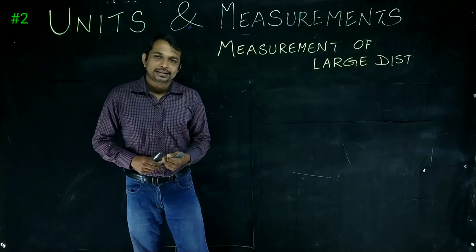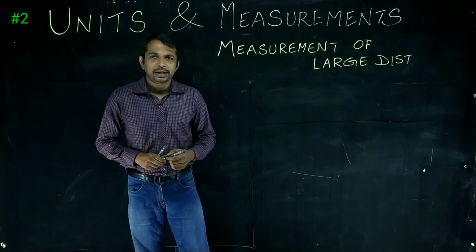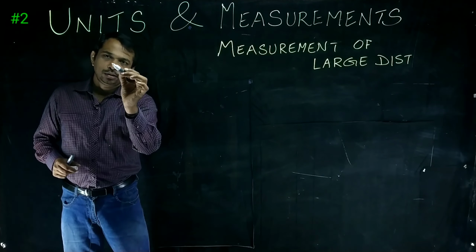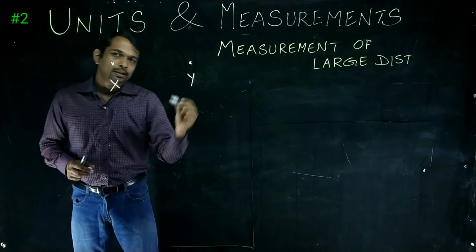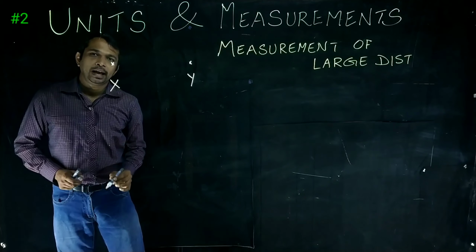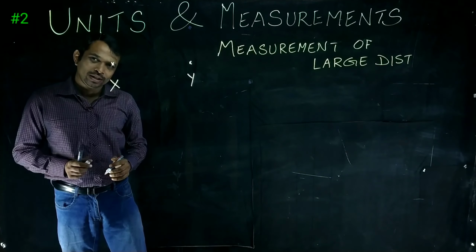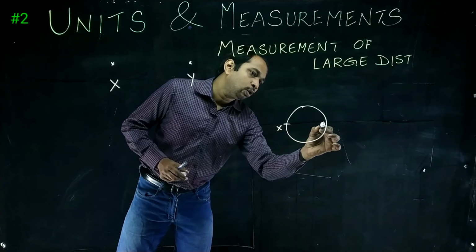Now another example, how to find out the radius or diameter of the Sun. Let 2 points X and Y be located diametrically opposite on the Sun. So let this be your Sun. If X is here, Y is here.